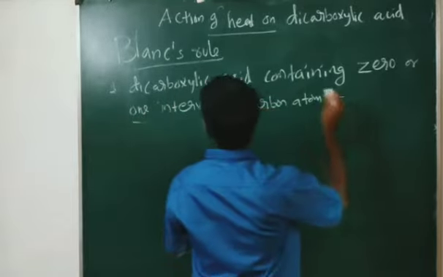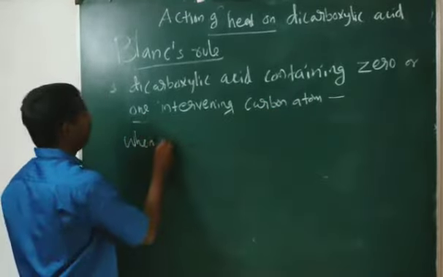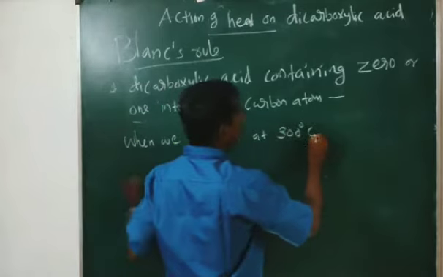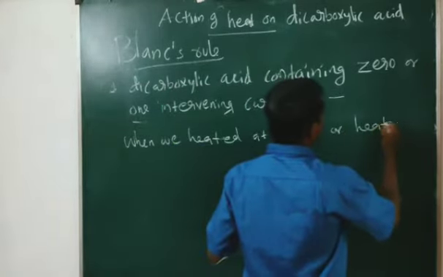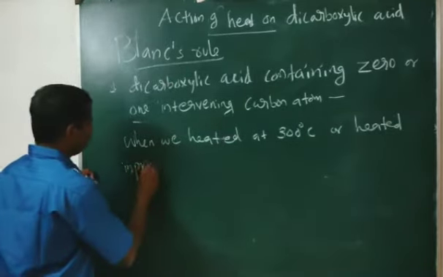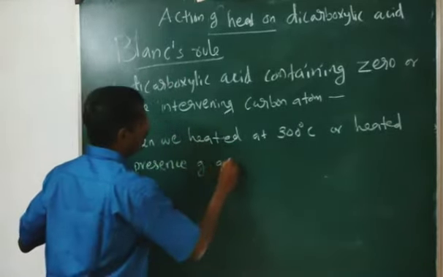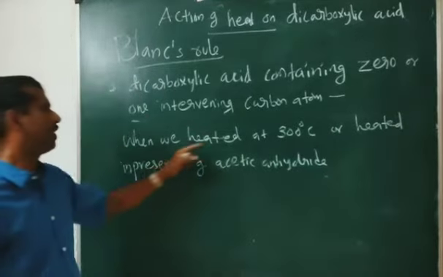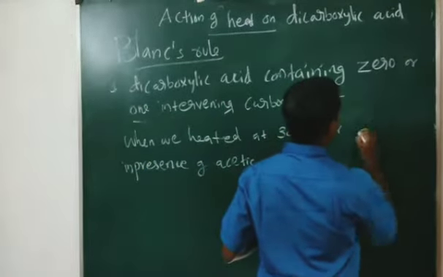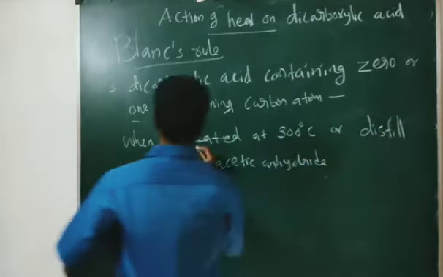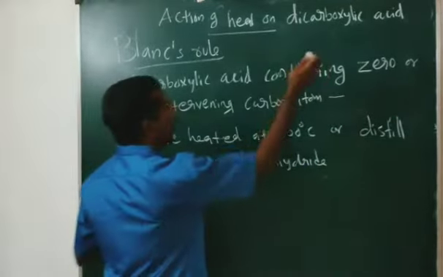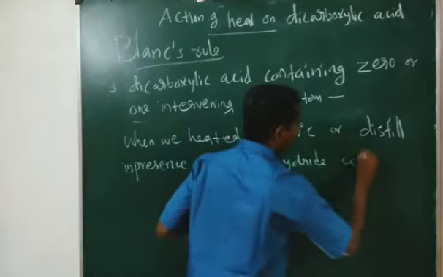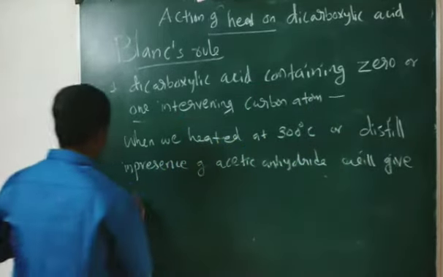When we heat at 300 degrees Celsius, or distill in the presence of acetic anhydride, the dicarboxylic acid containing 0 or 1 intervening carbon atom will give monocarboxylic acid.